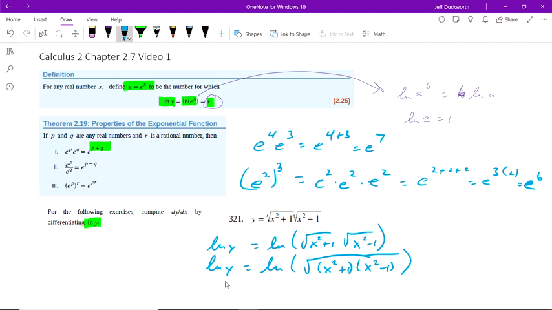Well, if we FOIL those, I'll just put the whole root here since there's just one. We get x to the 4th, we get a plus x squared and a minus x squared, which cancel, and then negative 1 times 1 is just negative 1.